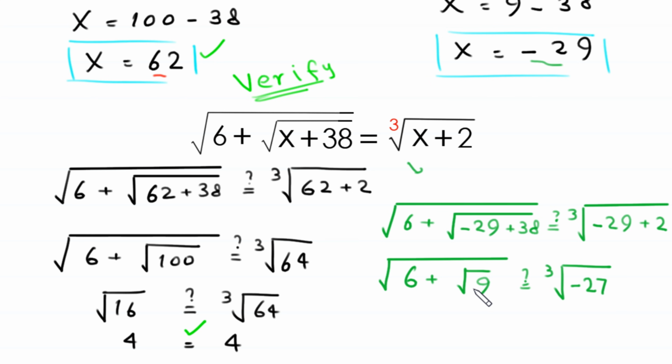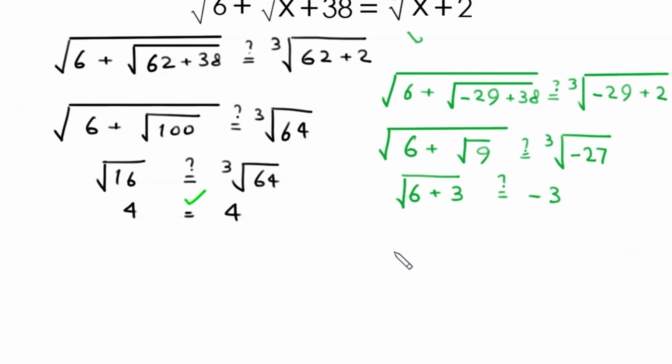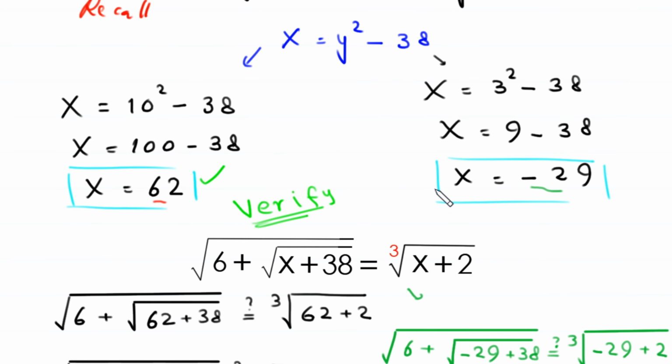This root 9 is 3, so this will become 6 plus 3, all under the square root. Is this equal to the cube root of negative 27, which is negative 3? And this will become root 9. Is this equal to negative 3? Root 9 is positive 3, and this is not equal to negative 3, which means that this value of x, negative 29, is not a solution.